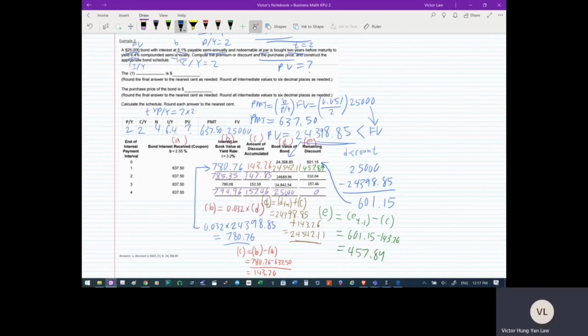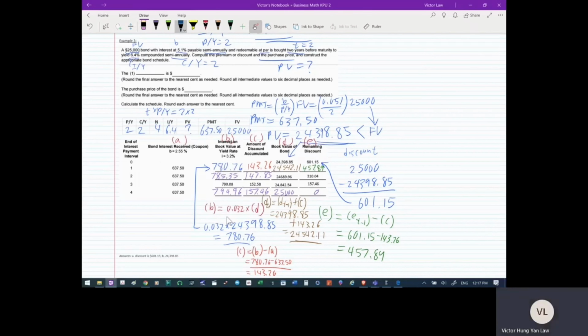So IY divided by CY gives you the periodic interest rate, 3.2%. That's your I. We take the periodic interest rate and multiply it by what we have in column D. So in the first period, we have 0.032 times 24,398.85, and that gives you 780.76. That's your interest on the book value for the first period.